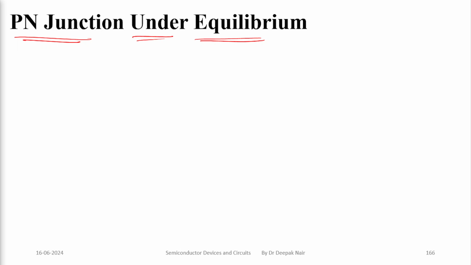Now if we bring the P and N type semiconductors close to each other and try to develop a diode, what will be the behavior of these electrons and holes in the junction of P and N type semiconductor? This is what we are going to cover in this presentation.